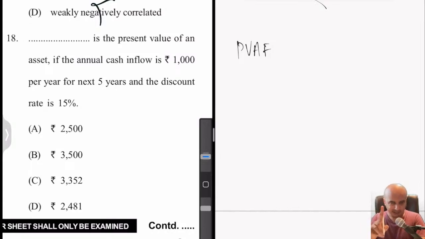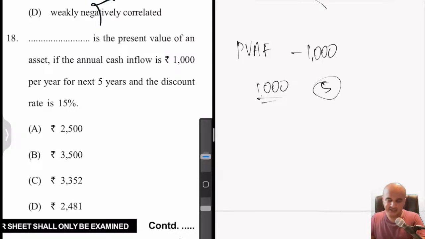One big advantage here is the cash flow is constant. How much is the cash inflow? 1000 every year. When that is the case, you can simply total whatever is the present value factor for every year and multiply that total by 1000.